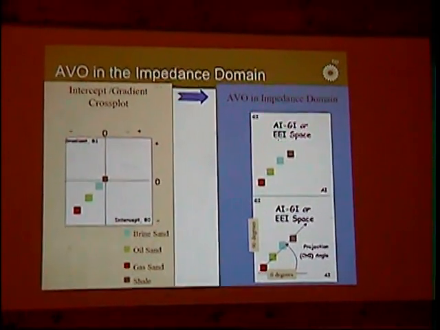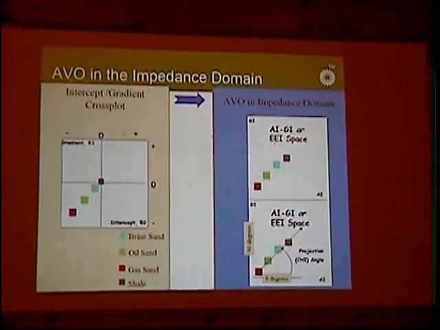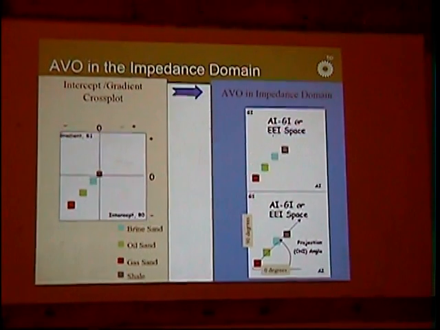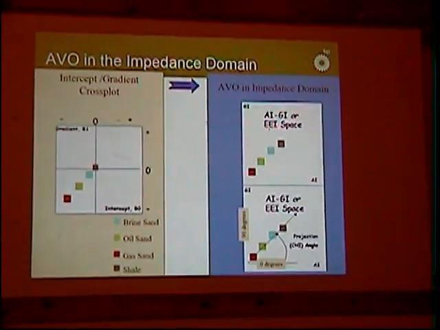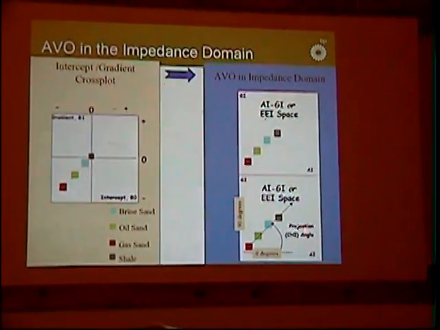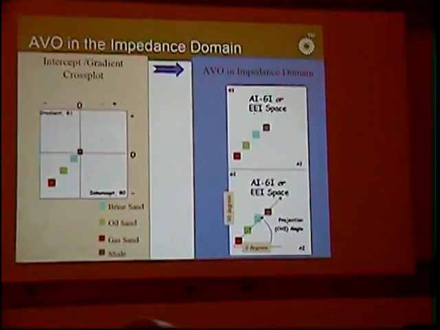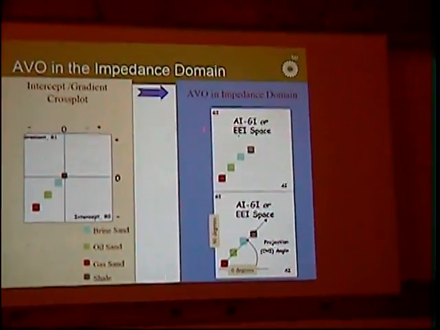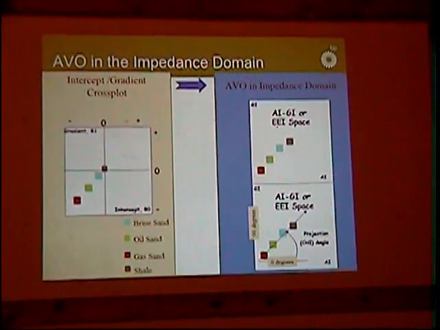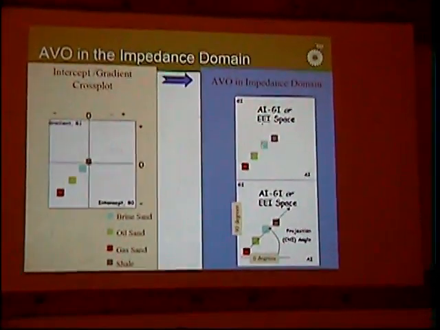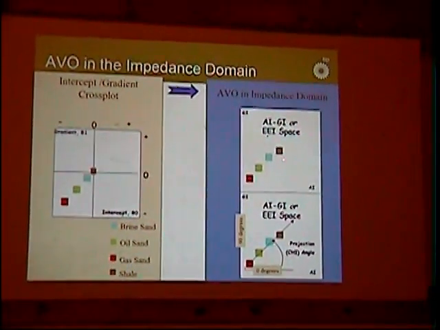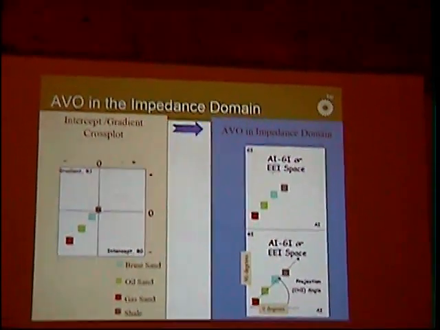What we then do, using this information in extended elastic impedance space, is optimize your projection angle. If I were to just look at acoustic impedance data, maybe the separation between brine sands and gas sands may not be as big as it could be.